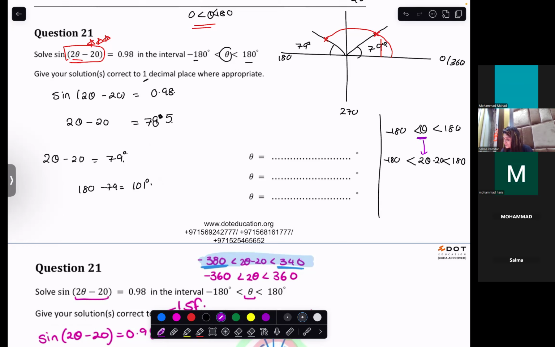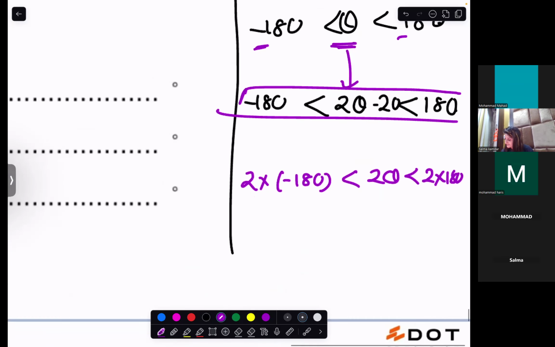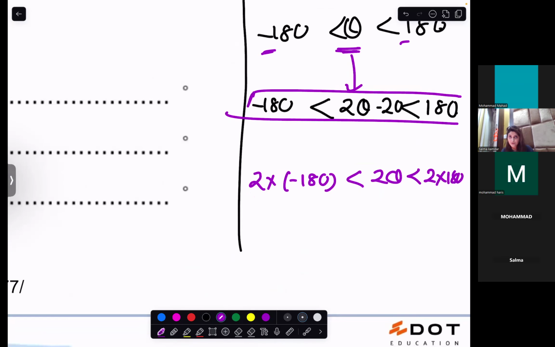So this is going to be 2 into minus 180 for the range of 2 theta, and 2 into 180. This is going to be minus 360 less than 2 theta less than 360. I hope you're with me.